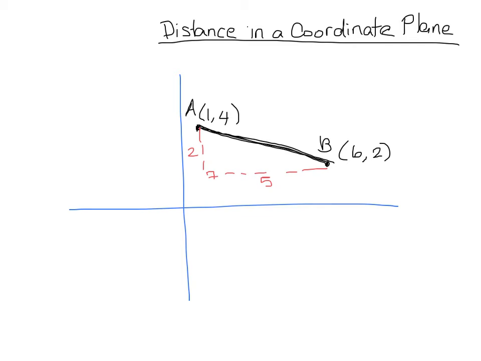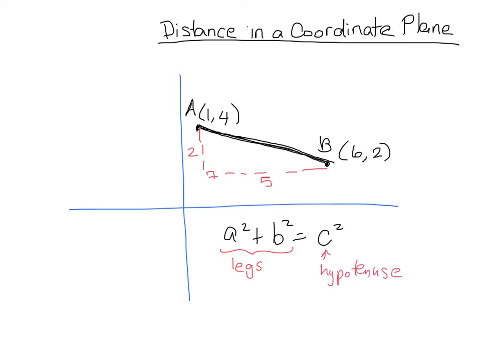This means that we can actually just use the Pythagorean theorem to find out what the length of this line segment is. So our Pythagorean theorem states that a squared plus b squared is equal to c squared, where a and b are just the legs, and c is the hypotenuse, the longest side.